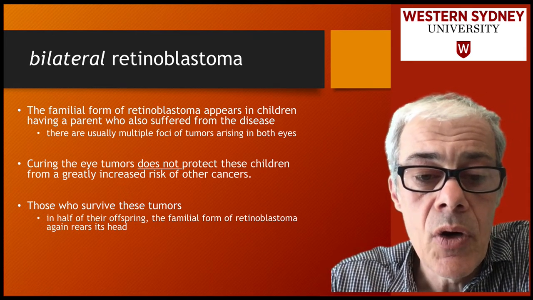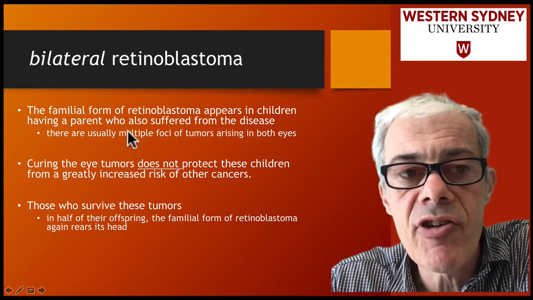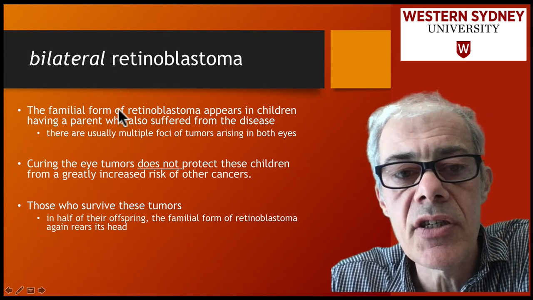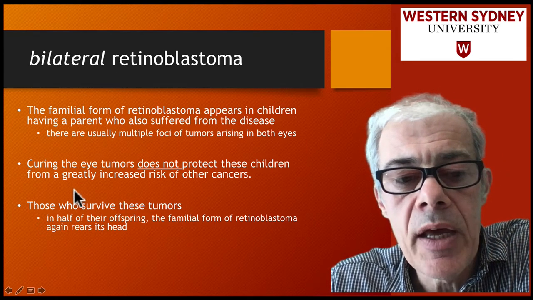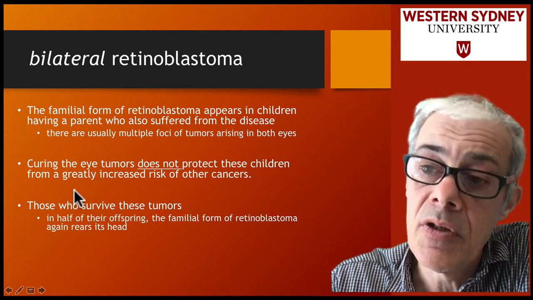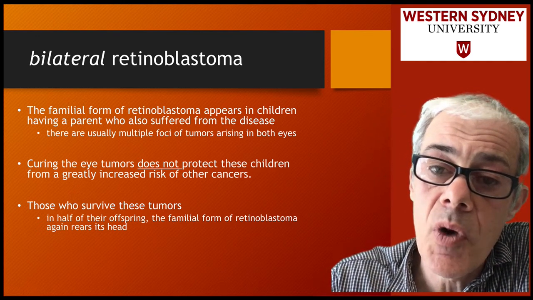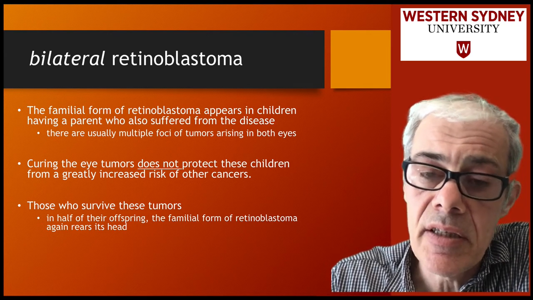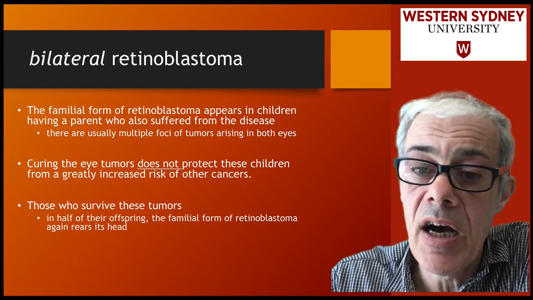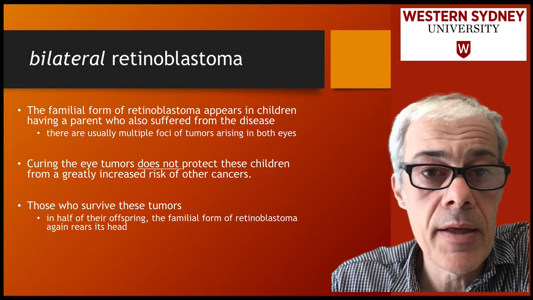All cells in the body have inherited this weakness, this mutation in the tumor suppressor gene, and that makes the body susceptible to many cancer types. The first one that becomes apparent is the cancer in the eye.